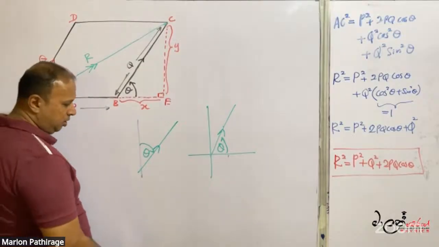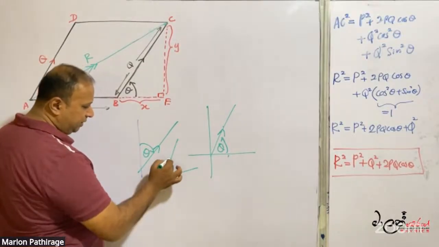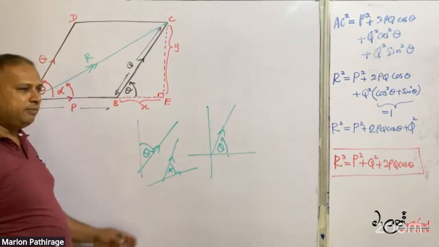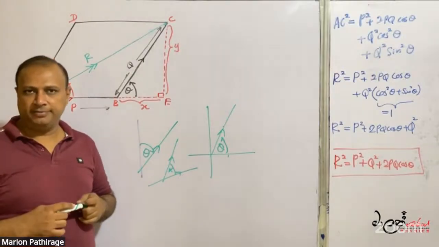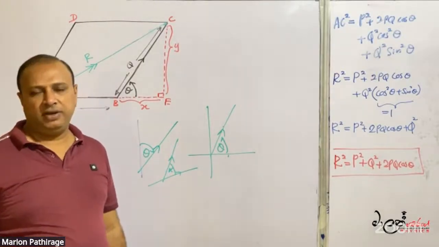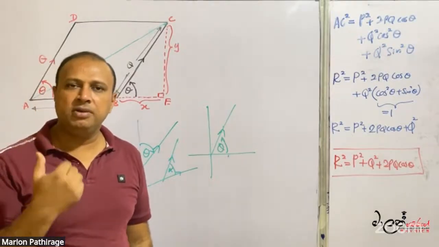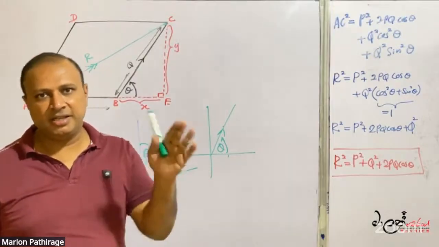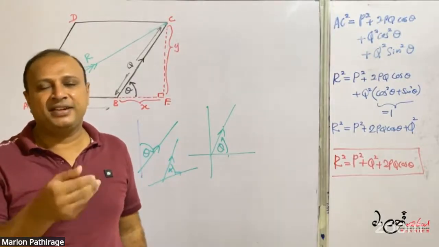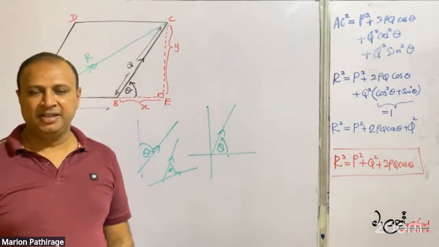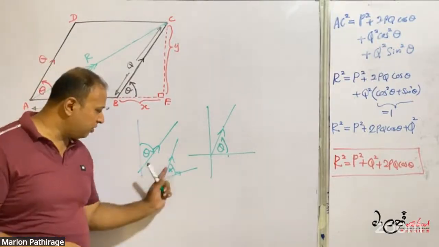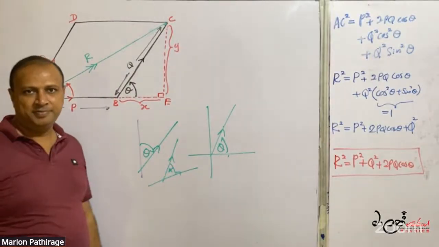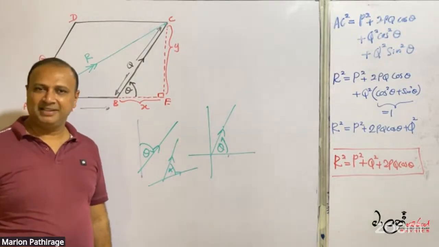Or otherwise, we can represent the direction of a vector using an angle between two vectors. That is also correct. Therefore, the direction of a vector can be represented by an angle between the vector and a known direction. That direction may be horizontal, vertical, or some other vector.